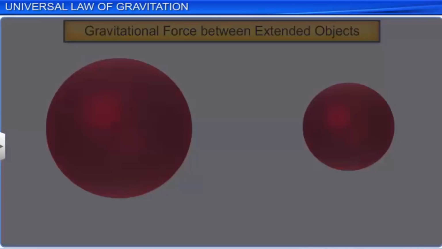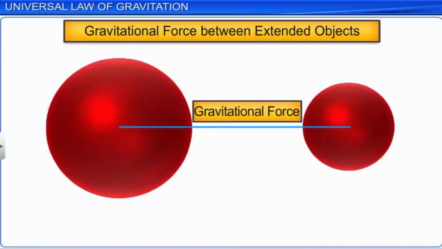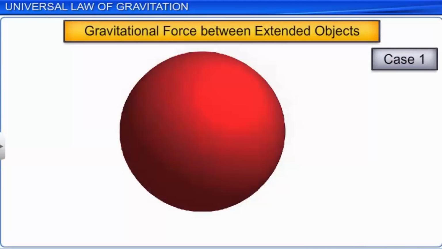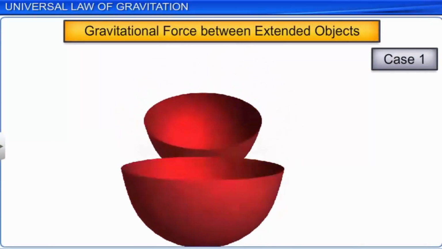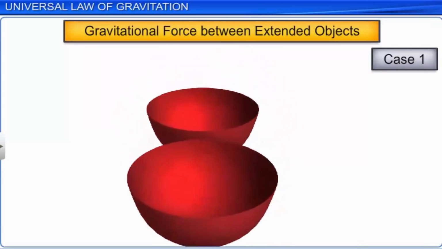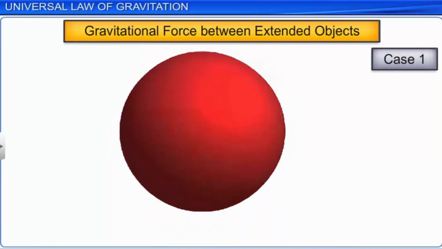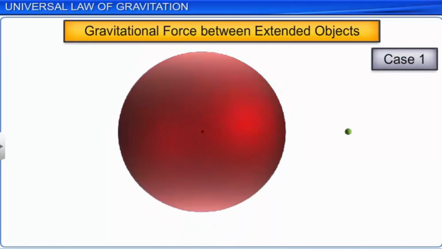When we deal with the gravitational forces between extended bodies, we need to consider 2 special cases. The first one is the gravitational force of attraction between a hollow spherical shell of uniform mass density and a point mass resting outside the surface, which is equal to the gravitational force between the point mass and the mass of the shell concentrated at its center.